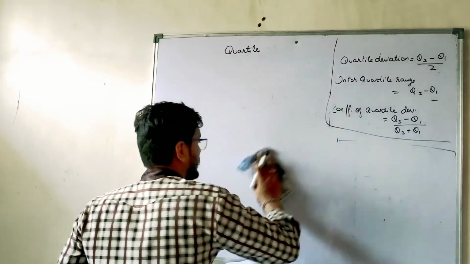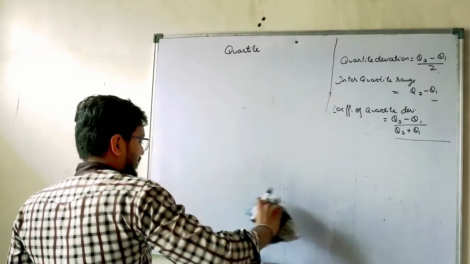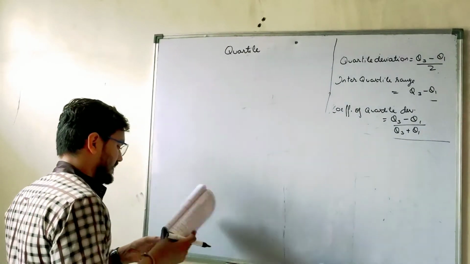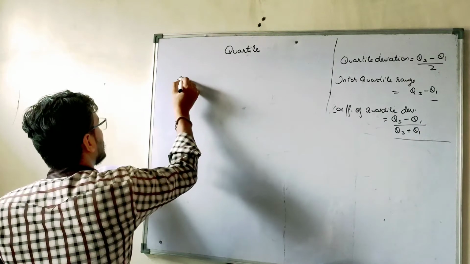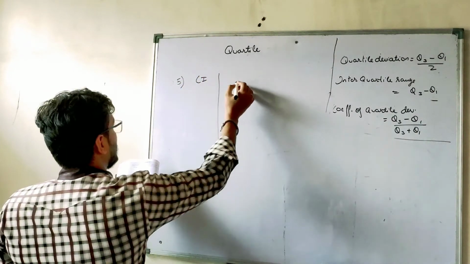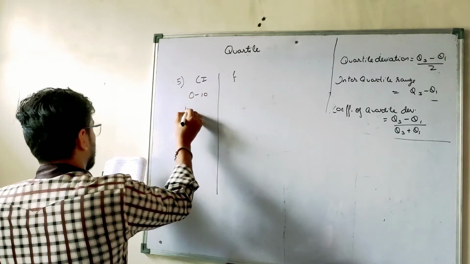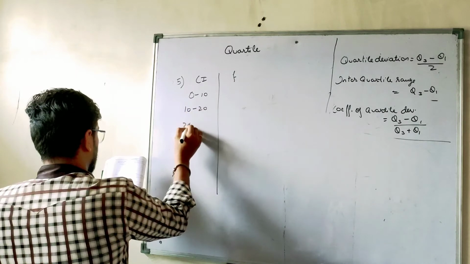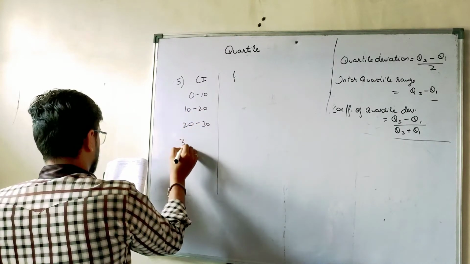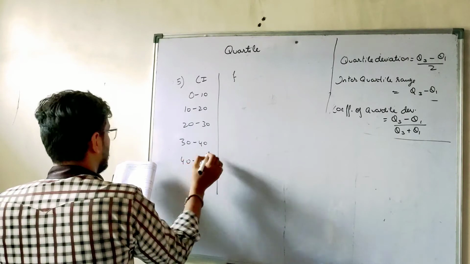So very simple. Quartile means median, right? CI is given and frequency is given. CI is 0 to 10, 10 to 20, 20 to 30, 30 to 40, 40 to 50, right?